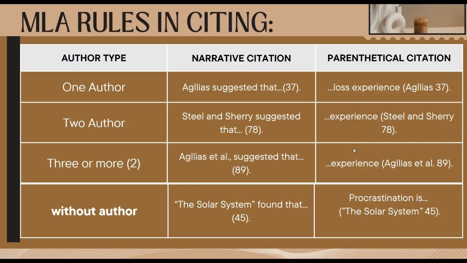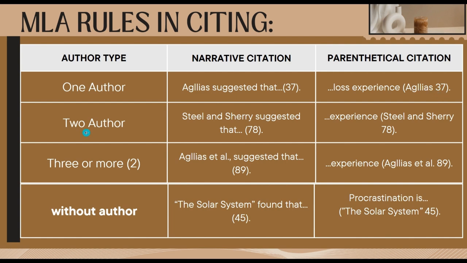Next up are the MLA rules in citing. We have one author: the author's last name and the page number where we found the certain information. For parenthetical citation, the author's surname, but there's no comma here, unlike in the APA, and the page number.